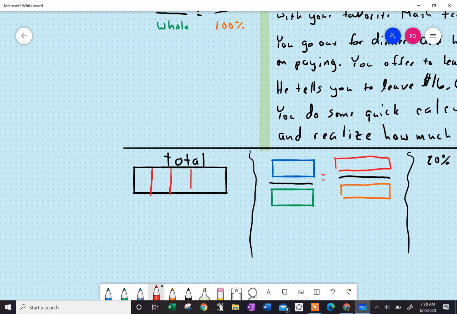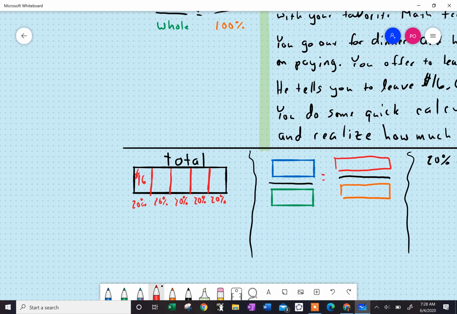So what I can do is this. I don't know how much my total is, but if this is 20%, and this is 20%, that's 40%, that's 20%, that's 60%, 20%, that's 80%, that's 100%. Well, the total is 100%, so I know that $16 is 20%.